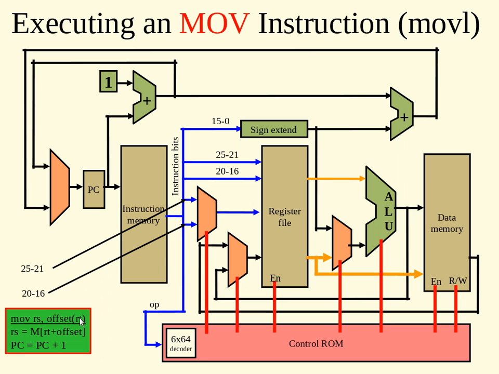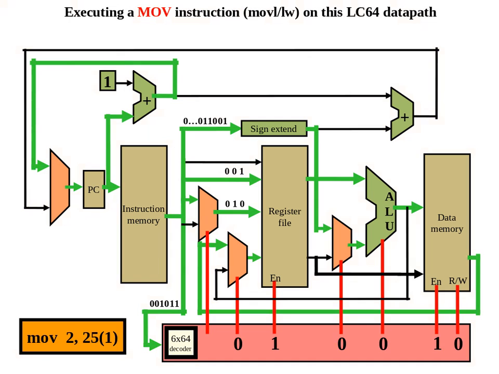So what happens when you change slides? Let's look at move. Well, we're moving. This is a move L, or known as a load word. So we're loading or moving from memory into a register. Remember, this was the immediate one, so we have an offset as well as the registers. So the idea is we're going to move into register 2 the value of whatever the contents of 1 is plus 25.